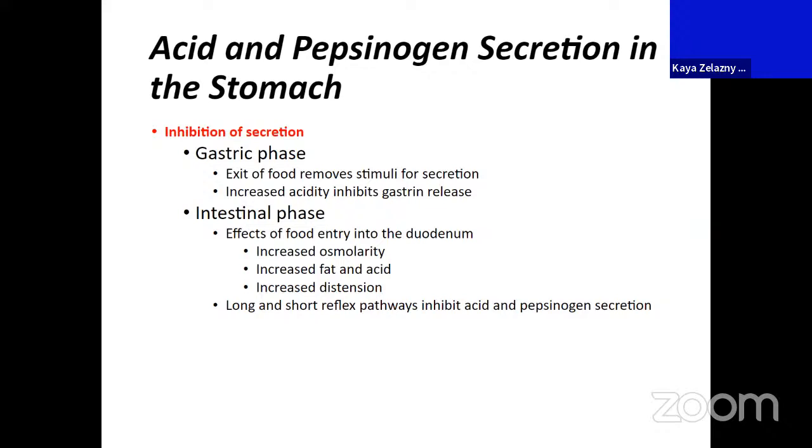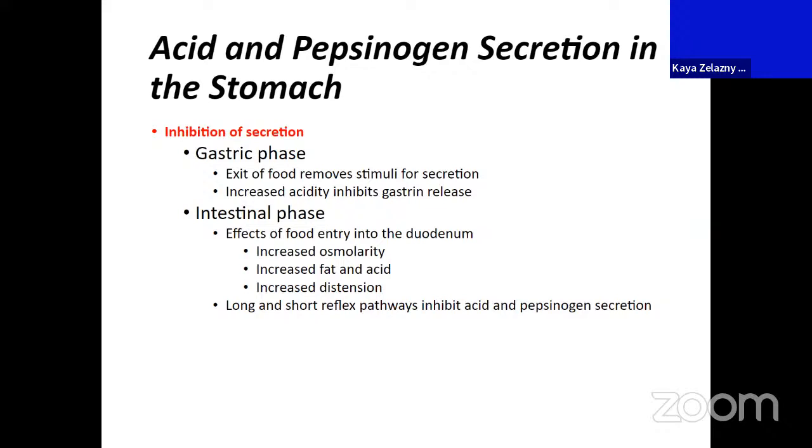So if we turn off that gastrin signal when we see this increasing acidity, then we don't have gastrin in the bloodstream anymore. So this is a signal to your body that we don't need to be doing this digesting in the stomach anymore. Okay. So at the same time as we have the food leaving the stomach, right?